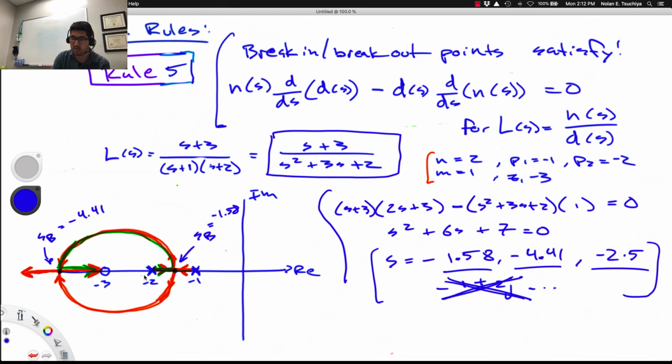In other words, I know there's no stuff happening between -2 and -3, therefore I should be able to throw out that solution to rule 5 and rule that out as a break-in or breakout point. Okay, any values that are left, you can assume that those are valid break-in or breakout points, which you can basically look at the configuration of your root locus plot and determine whether it's break-in or breakout.